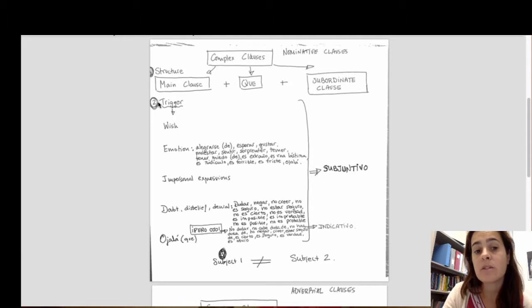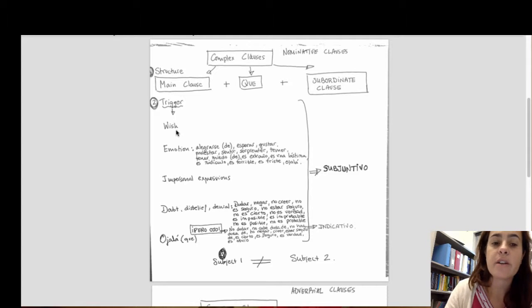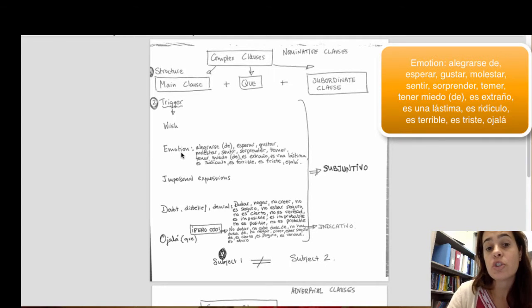In the main clause, we'll see the second component, which is the trigger. Remember our word weirdo? Weirdo is wish, an expression of wish or desire, an expression of emotion, and we learned several verbs or expressions that were actually triggers of subjunctive.